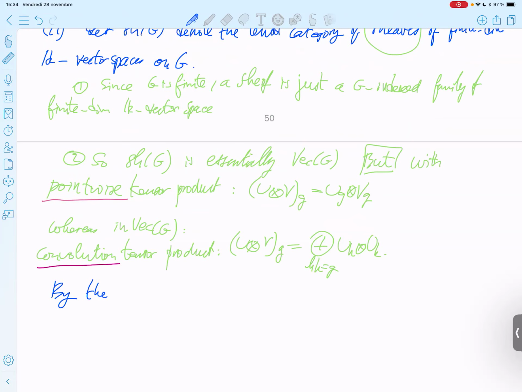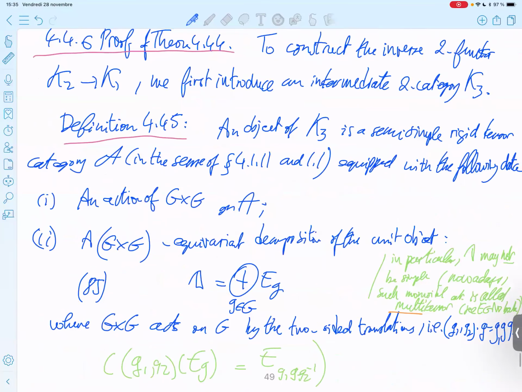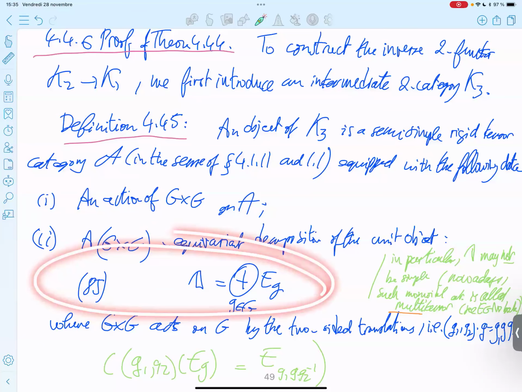By, I want to say by one. I guess they refer to one, the decomposition 85, which is this one, the decomposition of the unit here. So this is 85.